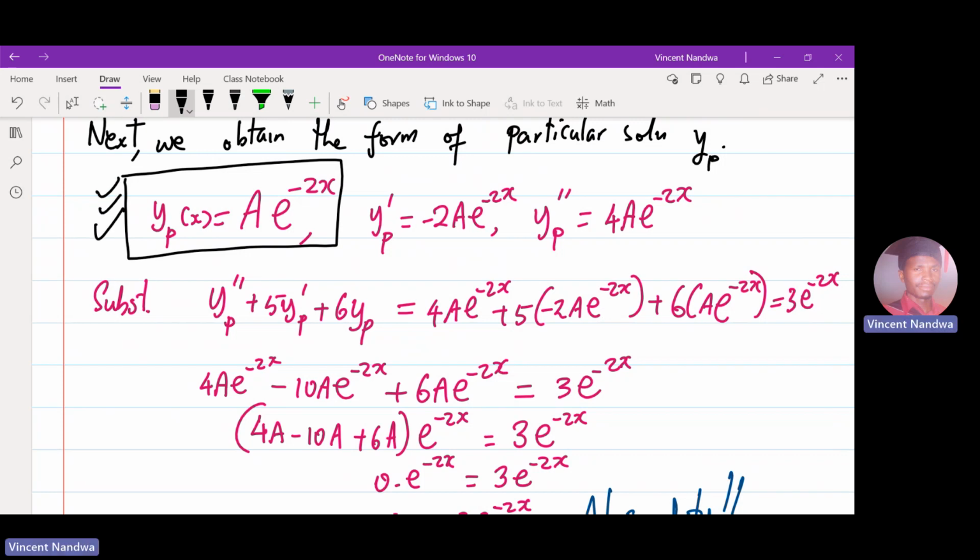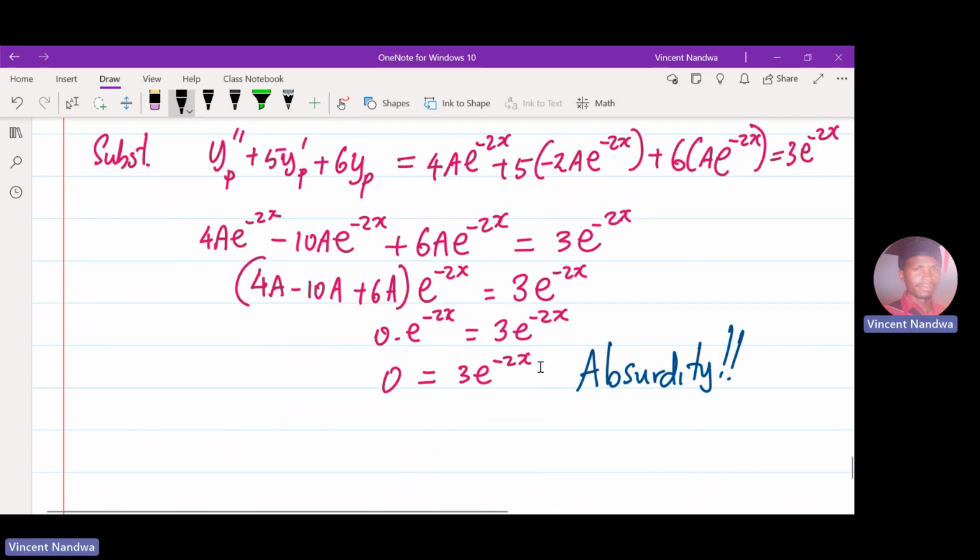But the reason we are landing into problems is because the function G on the right hand side of the equation we are solving happens to be one of the solutions for the homogeneous equation. So if what is contained in G is one of the solutions for the homogeneous equation, we'll always land into these troubles.